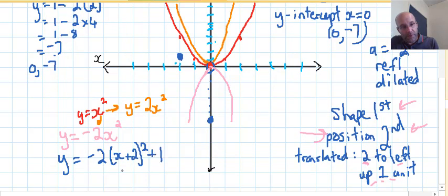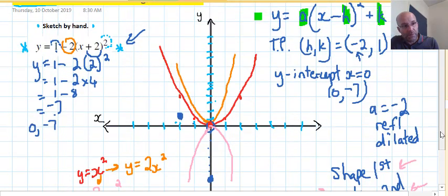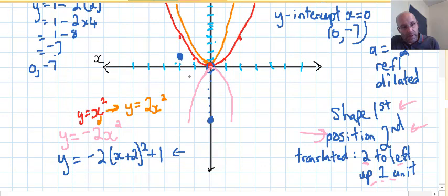Now you might think, hey Mr. Herbert, you've changed the equation. No, I haven't. I've just put the plus 1 on the end. So what we do is we need to move all the points 2 to the left and up 1. We also have another guide point. We said before that it has a y-intercept, so make use of that. So we have the turning point, the y-intercept, and the basic shape.